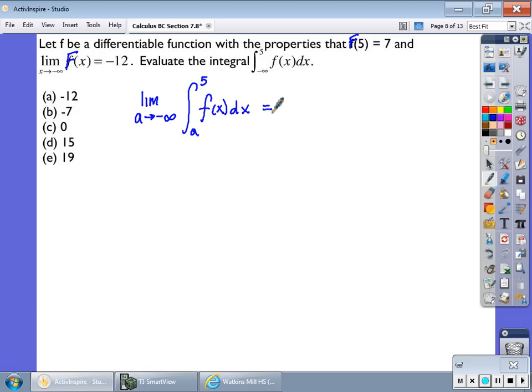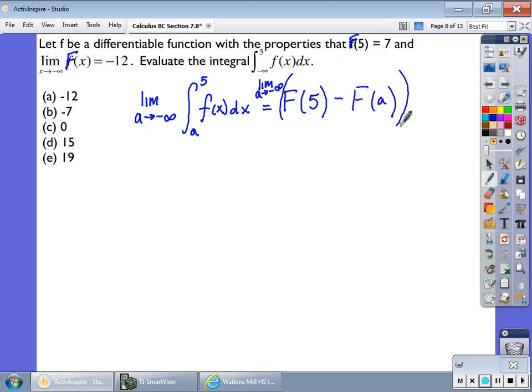And so I know from the fundamental theorem of calculus that this will be big F of 5 minus big F of a. Now, it's going to be the limit as a approaches negative infinity over here, and I didn't write that down, I should have. Limit as a approaches negative infinity of this expression.